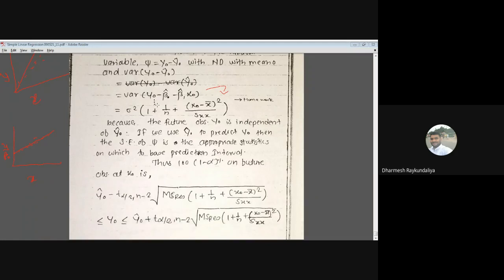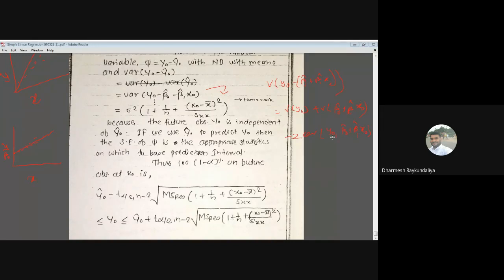How can you prove it? It is the variance of y0 minus beta 0 cap plus beta 1 cap x0. This splits into the variance of y0 plus the variance of beta 0 cap plus beta 1 cap x0, minus twice the covariance between y0 and beta 0 cap plus beta 1 cap x0.